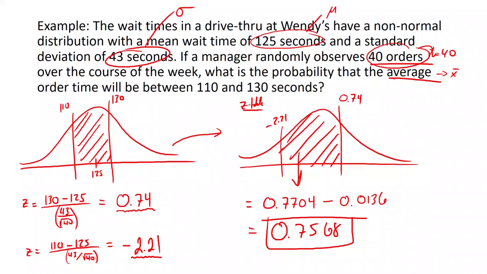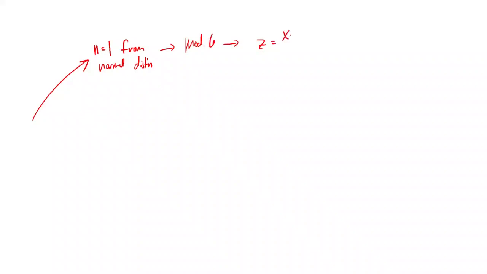So the distinction here is basically everything in statistics comes back to the normal distribution. So far what we've learned is, in one case, if you're just sampling one observation from a normal distribution, then that's a Module 6 problem, and we're just going with our original z-score formula.